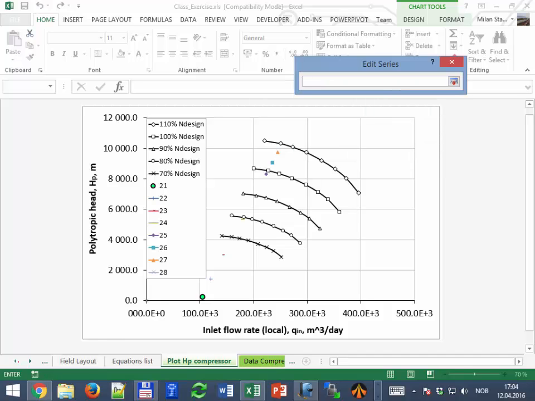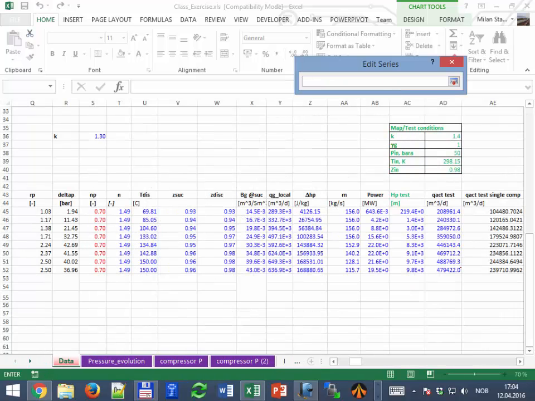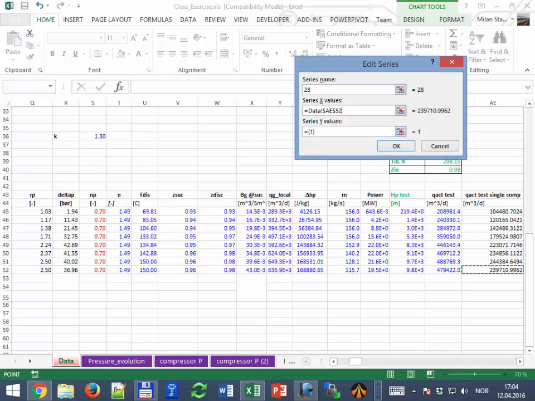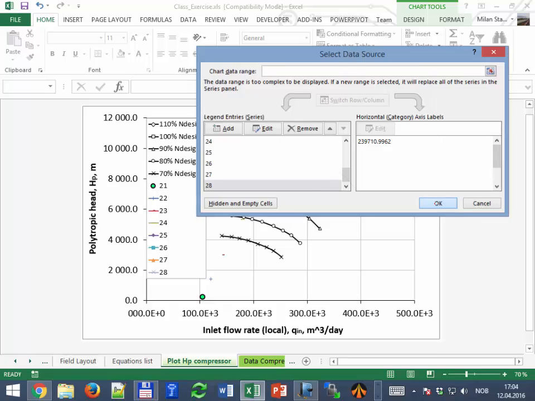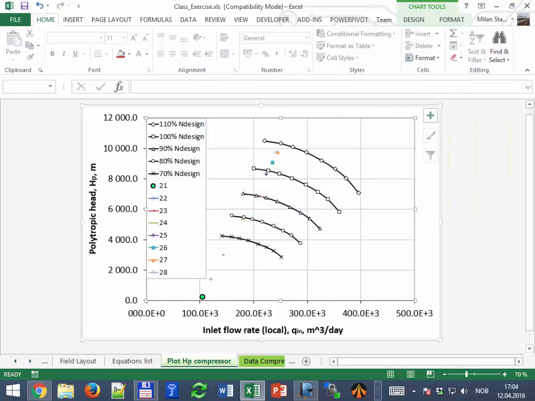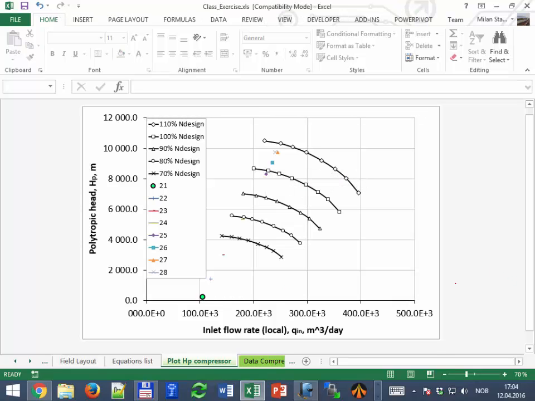That's the last one, hopefully. Okay, so 27, 28, 26. So here there is something that doesn't make sense.